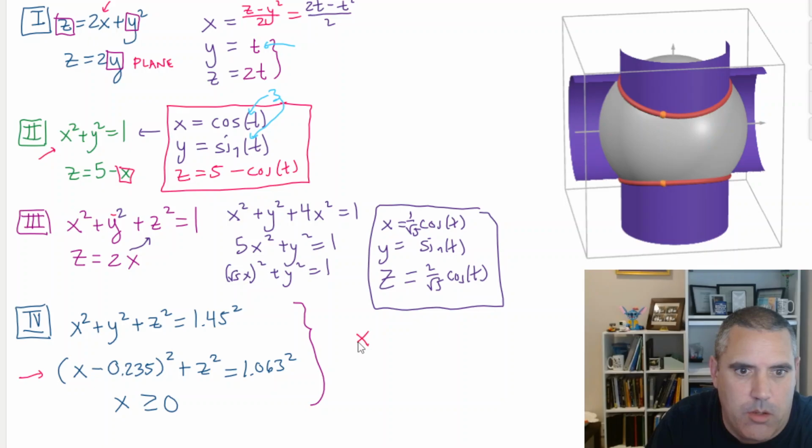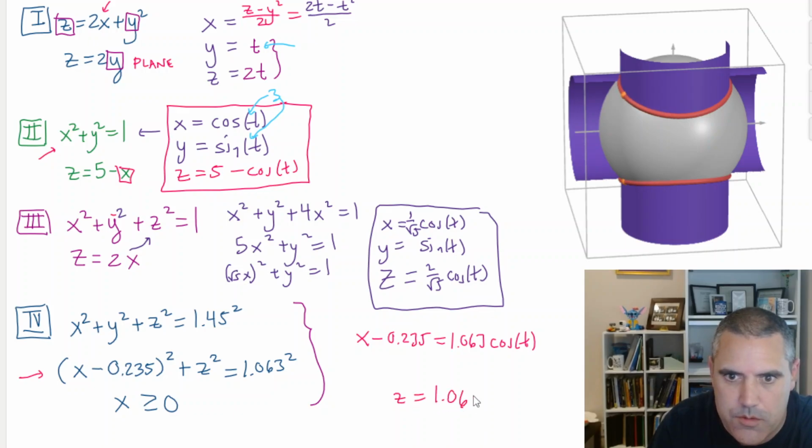So I said, I want x minus 0.235 equal to 1.063 cosine of t. And I should note, this is this radius, so I needed this to come out, and then I had z be 1.063 sine of t. That made sure it was on the cylinder.